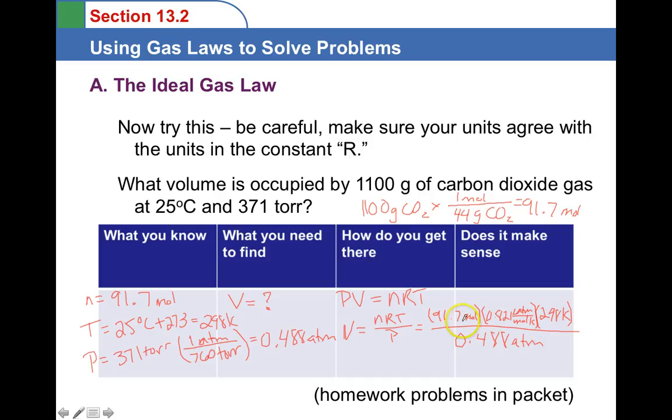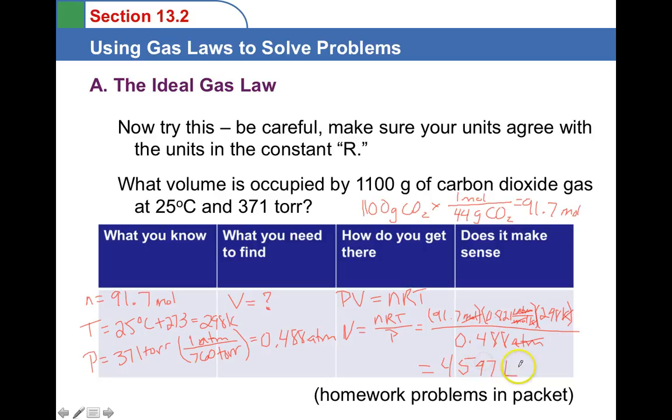Looking at units, mole and mole cancel, Kelvin and Kelvin cancel, atmosphere and atmosphere cancel, and the only thing left is liters, which is my unit for volume. And we end up with 4,597 liters.